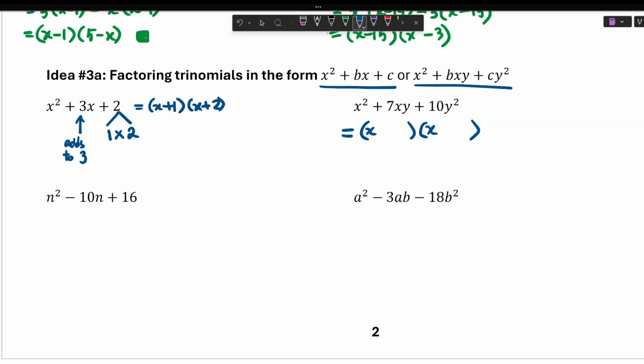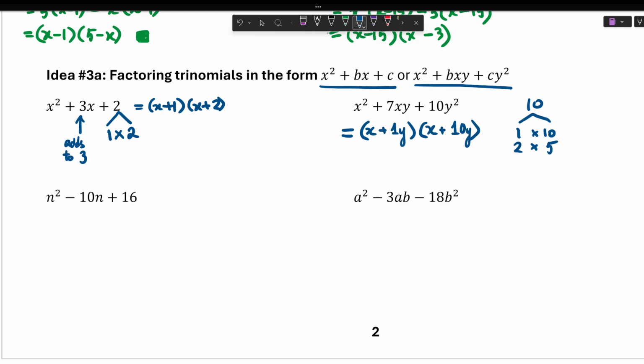Let's put that in. And 10y squared, well, imagine 10 could be 1 times 10, or it could be 2 times 5. So we're going to try those out. So let's say our first guess is 1y and 10y. When you multiply those, you get 10y squared.